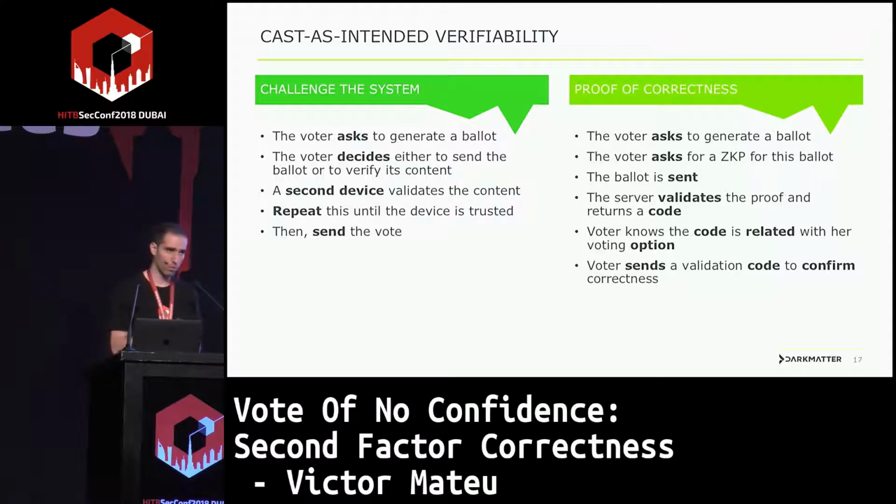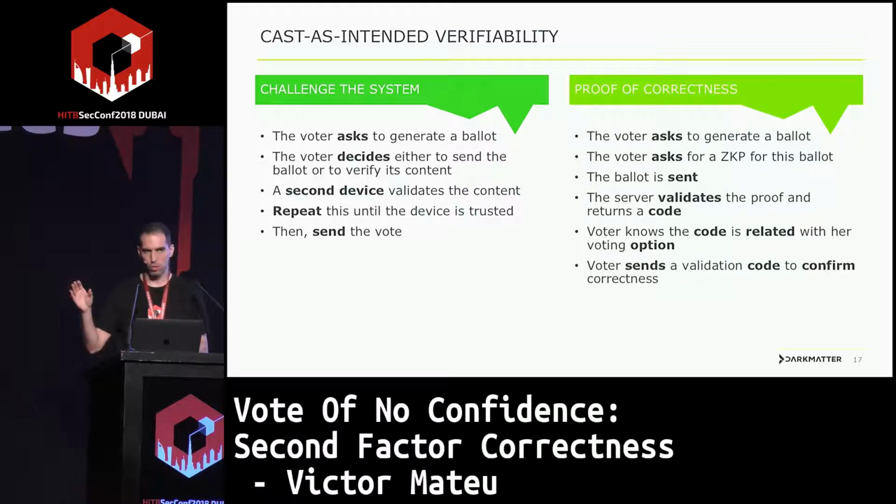However, the vote that you send would never be the one that you have studied. So by challenging the system, you are not proving that your vote contains the right option. You are just challenging your device to prove that it's a trusted device.